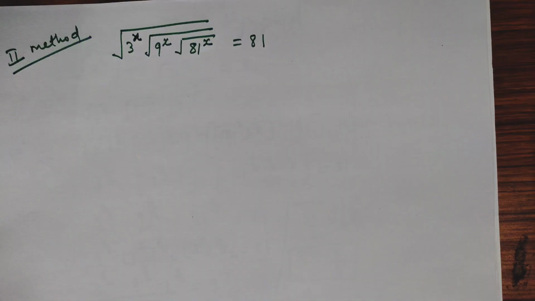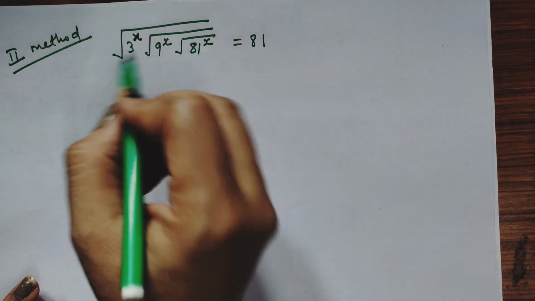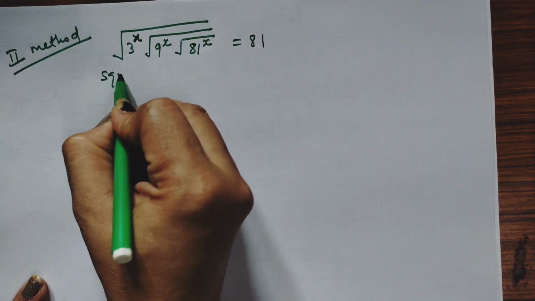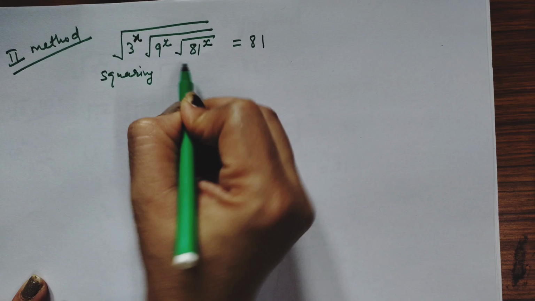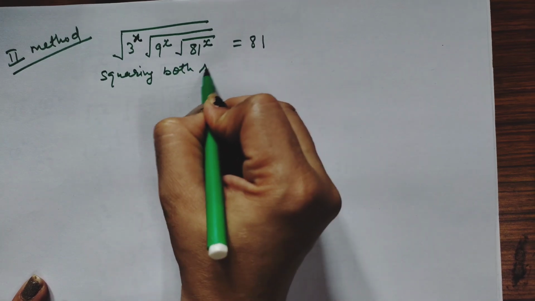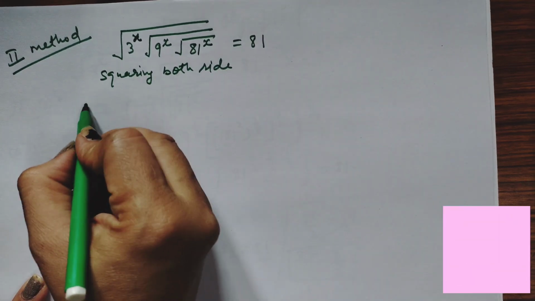So now in this second method you can see there are 3 roots. So we will remove these roots one by one. For this we are squaring both sides.